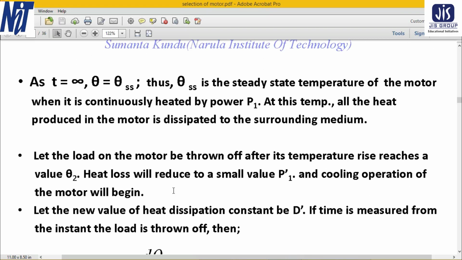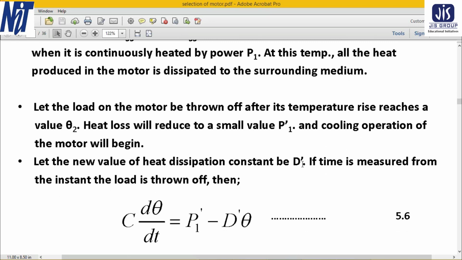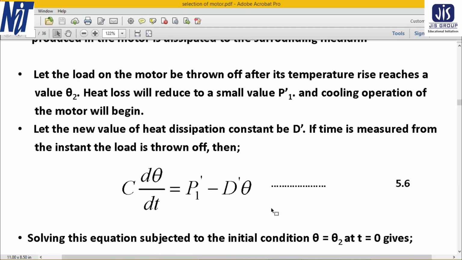So the new heat dissipation constant is D'. So the same equation which was previously C dθ/dt = P1 - Dθ will become C dθ/dt = P1' - D'θ.